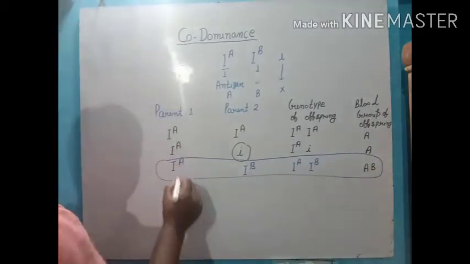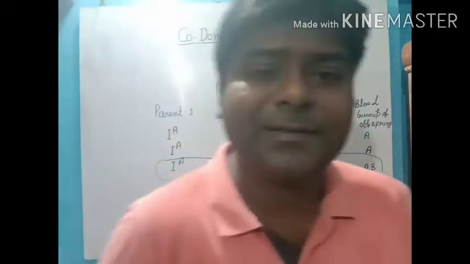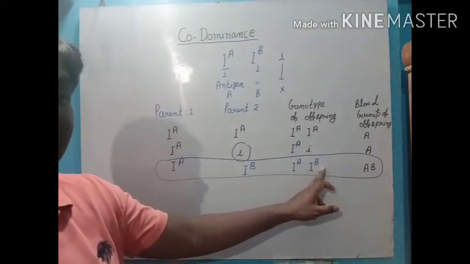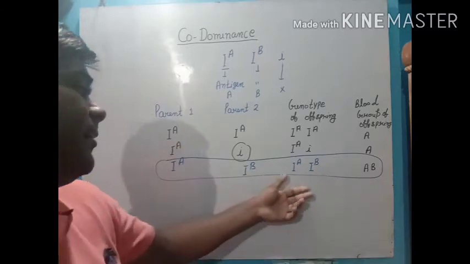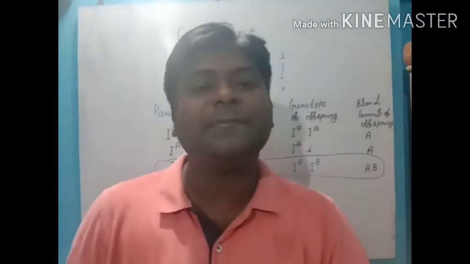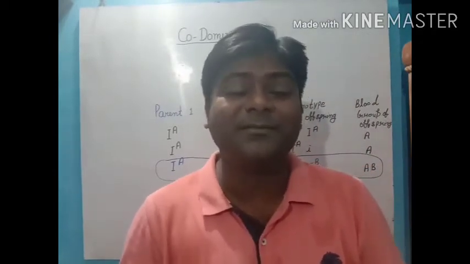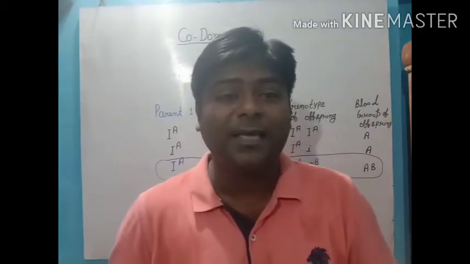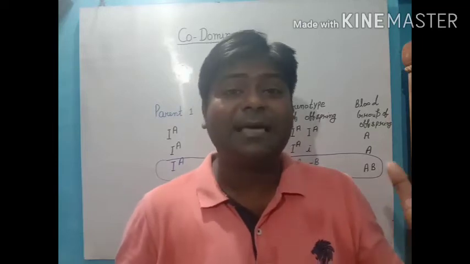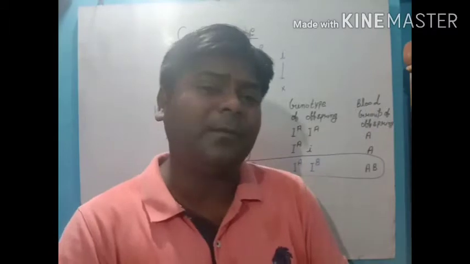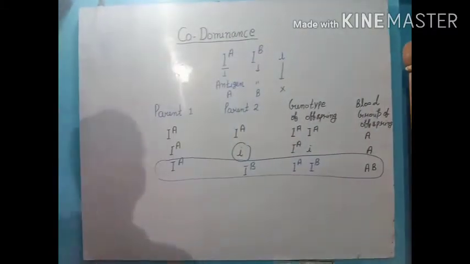I hope you are understanding. Here A and B are both dominant and both are able to express themselves. That is, my dear students, codominance. Both are able to express, and that is the example of codominance. So we discussed multiple alleles and codominance. Let's take other combinations as well.